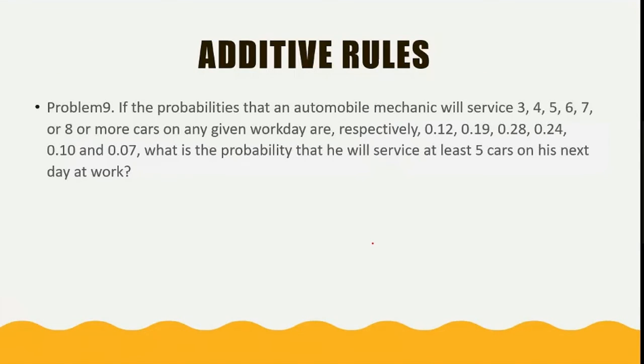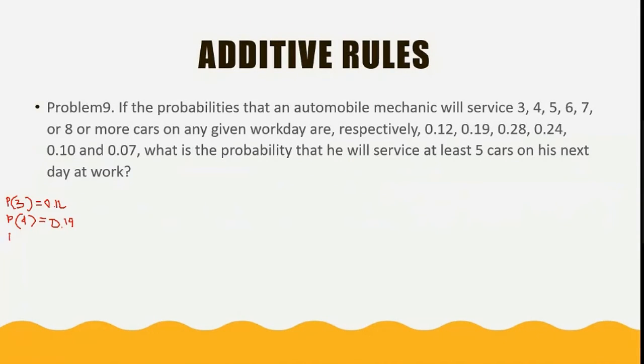Here are some additional problems. If the probabilities that an automobile mechanic will service 3, 4, 5, 6, 7, 8 or more cars on any given workday are respectively 0.12, we have here: the probability of getting 3 is 0.12. The probability of getting 4 is 0.19.